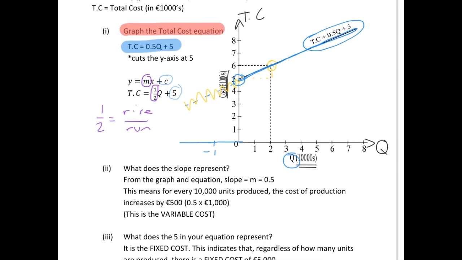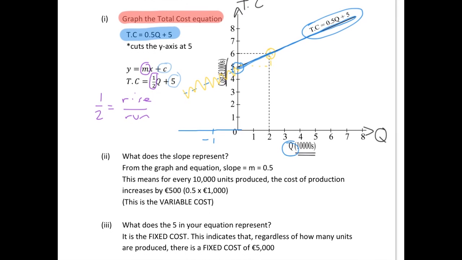The next part of the question asks us to interpret the equation a little bit, and asks us, what does the slope in our equation represent? From the graph and the equation, we saw that our slope m is 0.5, or 1/2.